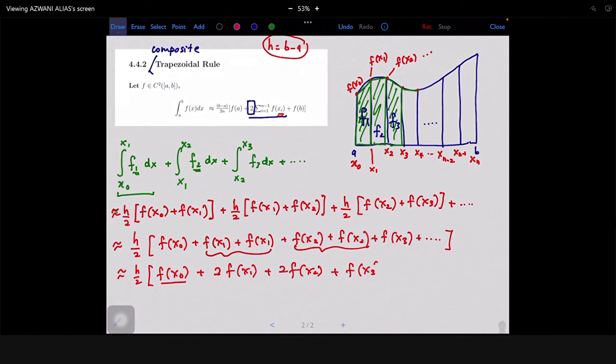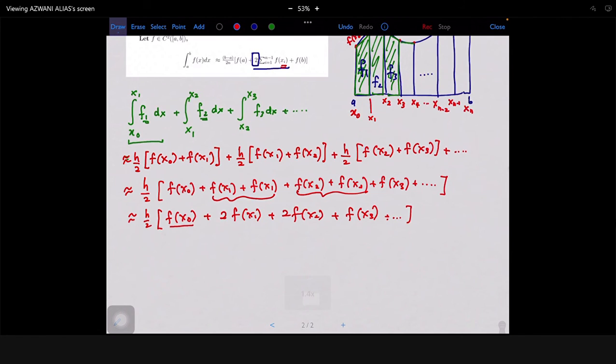Okay, kalau kita stop kat sini je lah. Okay, kalau ada lagi dia akan jadi 2 fx3. Okay, that's why x0 adalah the value of a tadi kan. So, saya rewrite balik is a here plus 2. Dia adalah titik tengah ni.